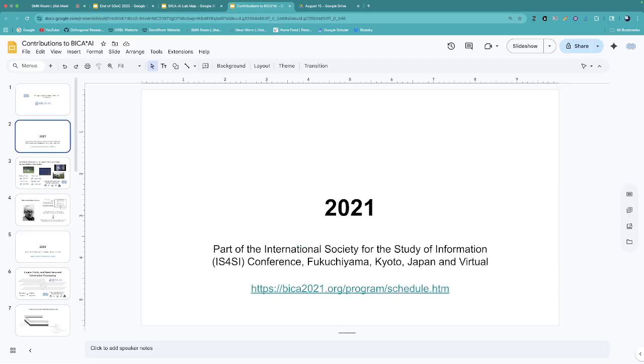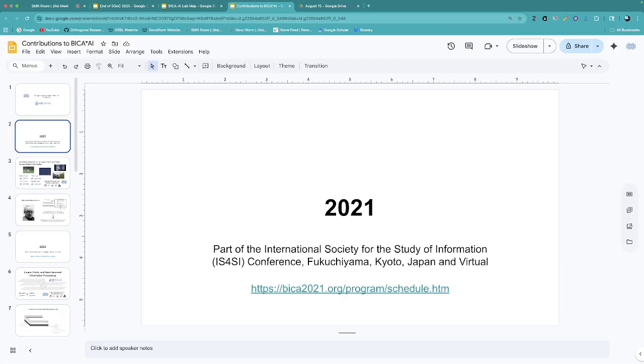So the first time we participated was 2021. These are all virtual participations, but usually they hold it in a physical location, then they have a virtual component. In 2021, it was held in Kyoto, Japan, and also had a virtual component.